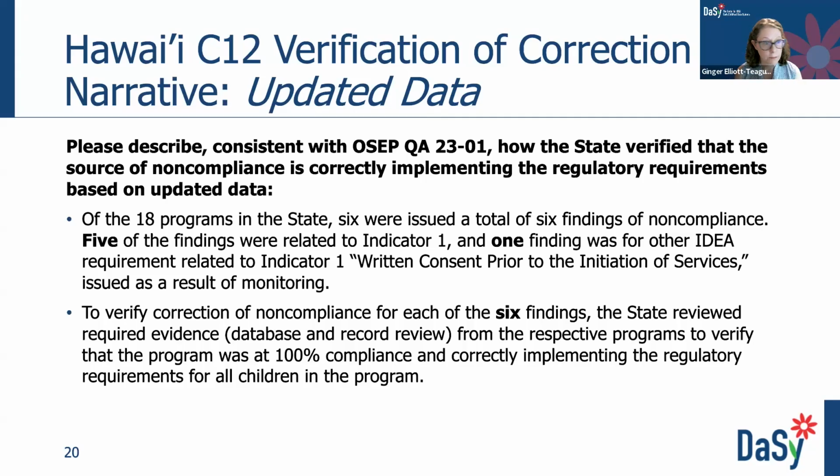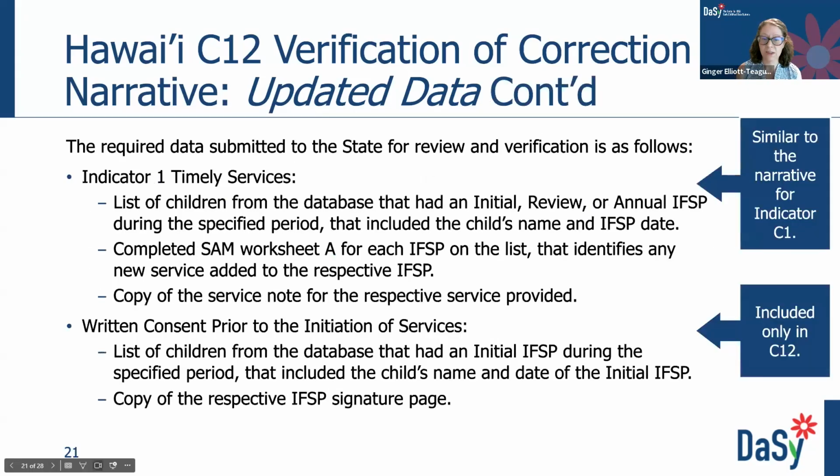In the next slide, they go into a little bit more detail about the data that they reviewed. Some of this is very similar to what they reported under C1, and some of it is new to 12 because of that additional finding. For indicator 1, timely services, they summarized the data that they looked at. They didn't go through those monthly descriptions of how much data they pulled by month. Instead, they said we looked at lists of data, and these were the data points we looked at.